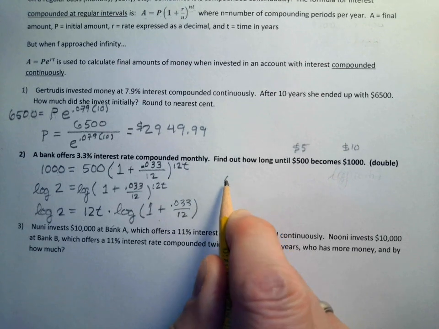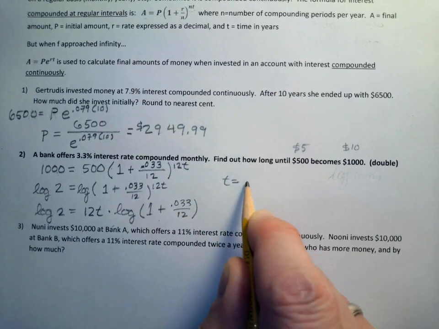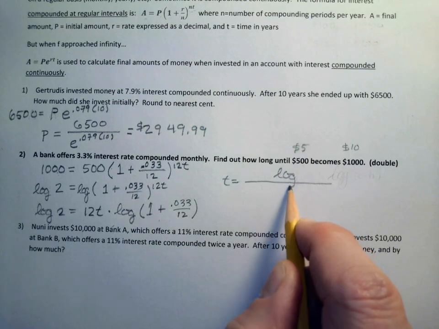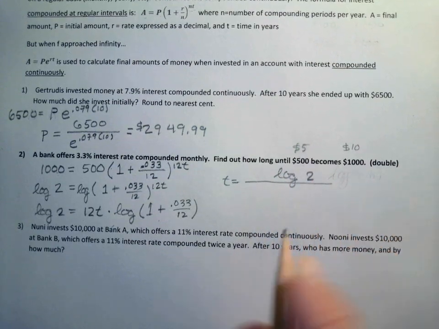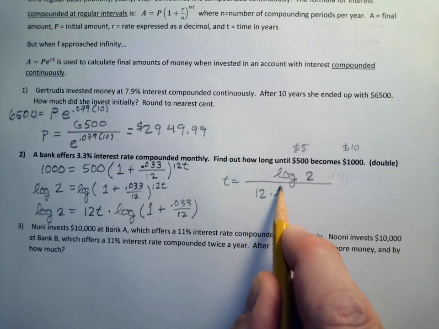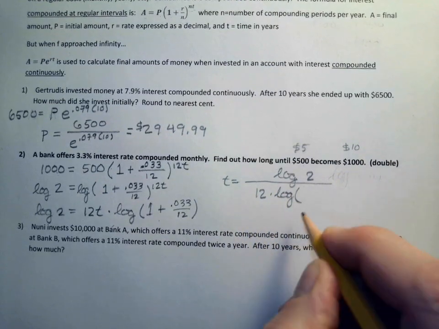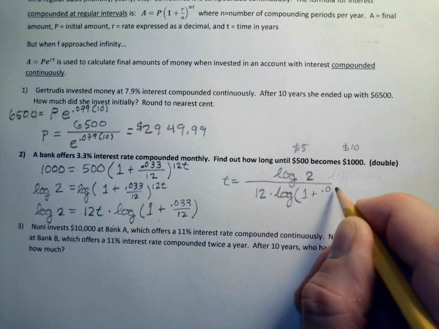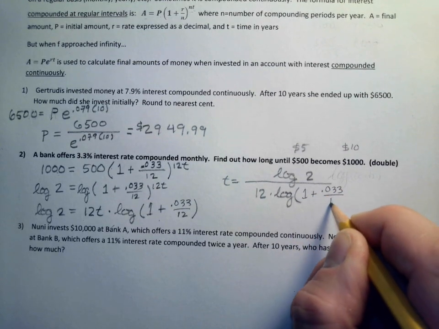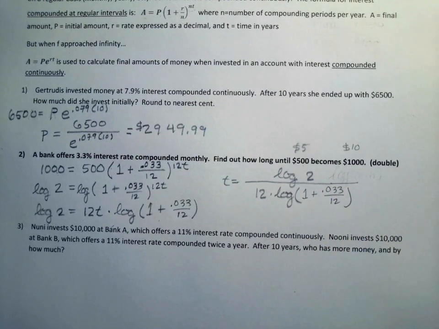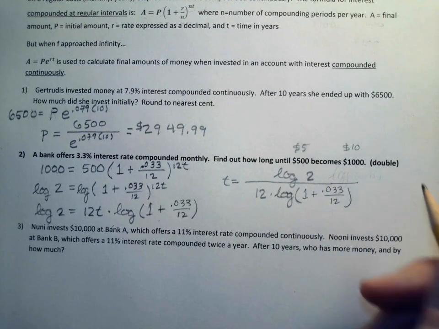All right, and so now let's just solve this for t. So t is equal to log 2, and then divide by everything here. So we get 12 times log, and then 1 plus 0.033 over 12. All right, so plug that into your calculator. That's really just all calculator work there.